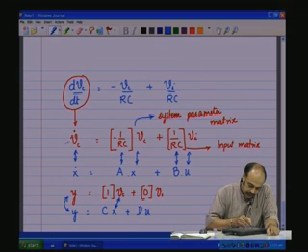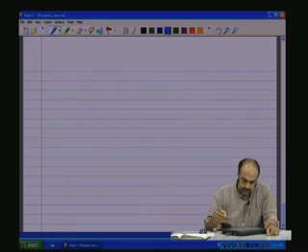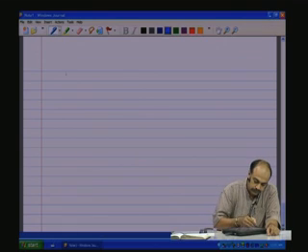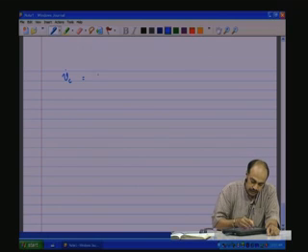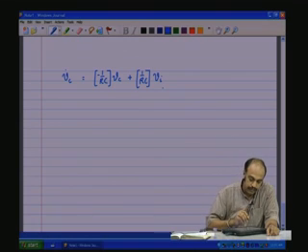Now, these two equations together form the state equations. Therefore, Vc dot equals minus 1 by RC into Vc plus 1 by RC into Vi, that is one equation, and this gives you the dynamic information.